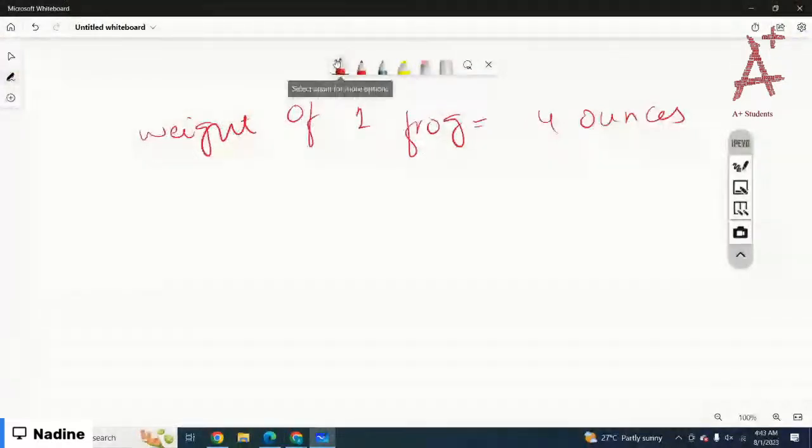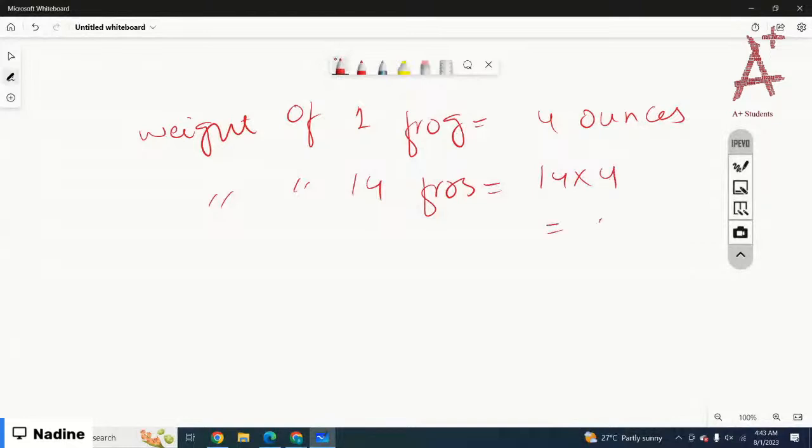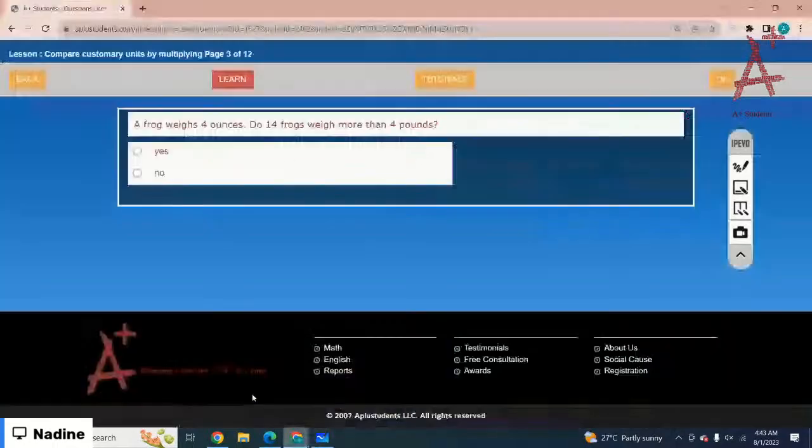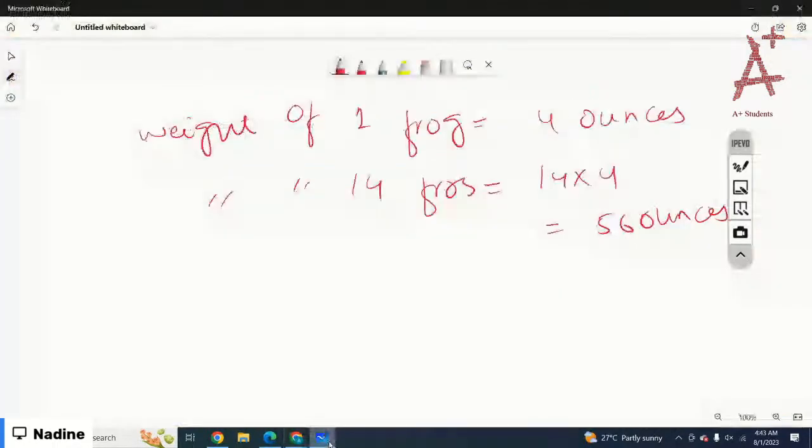Now you have to check the weight of 14 frogs. So 14 times 4 is 56 ounces. You have to see if 56 ounces is more than 4 pounds.